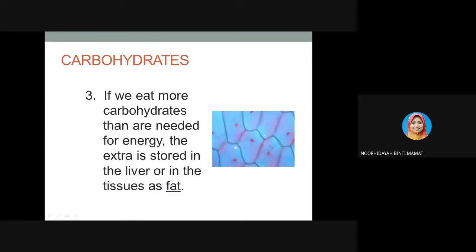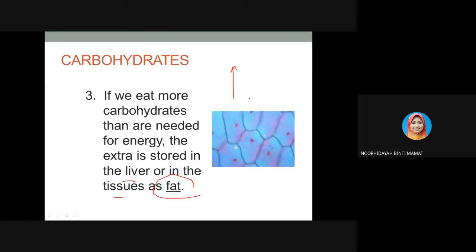So if we eat more carbohydrates than are needed for energy, which exceeds the amount needed in our body, the extra carbohydrate is stored in the liver or in the tissue as fat. If we overdo the carbohydrates, our blood sugar level will be too high, because more carbohydrate can give more sugar.